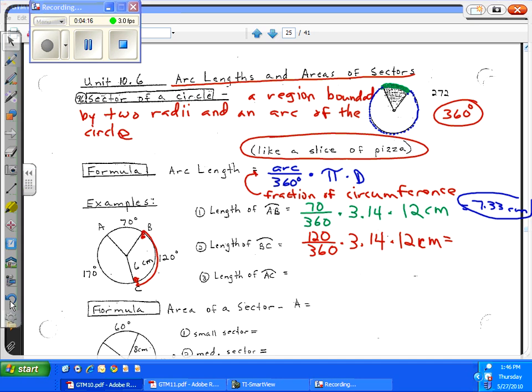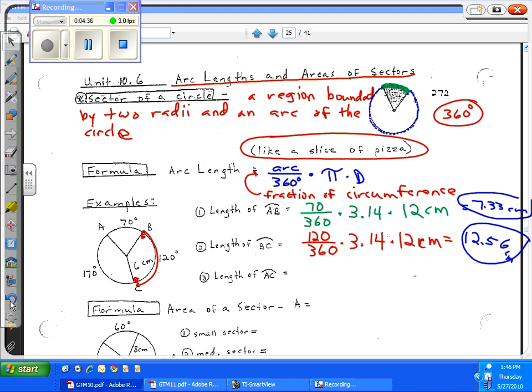So we would have 120 over 360, which is a third, of 12 is 4. 4 pi is 12.56. So we would have 12.56 centimeters. Okay?